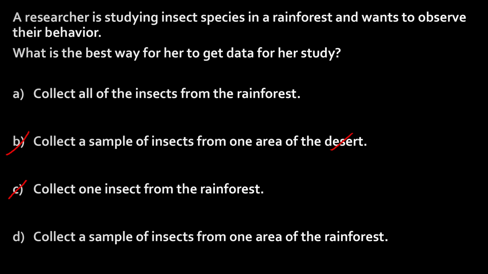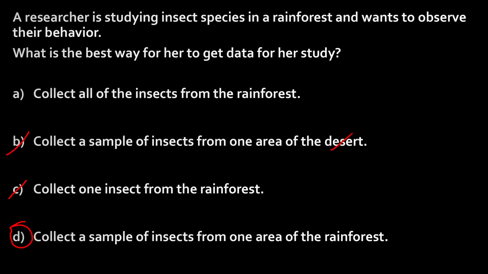Think about if this were you and you went to a rainforest. It's huge, right? Collecting all of the different types of insects that you'll see in that rainforest could possibly take you years. So collecting a sample, a small group of insects from that one area, is probably going to be the best way to get a really good idea about how they live, what they do, how they survive, all that good stuff.